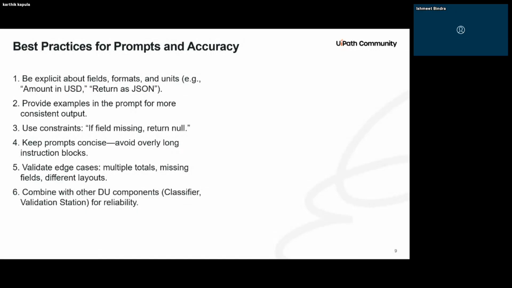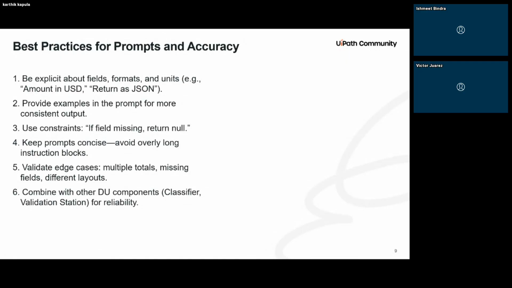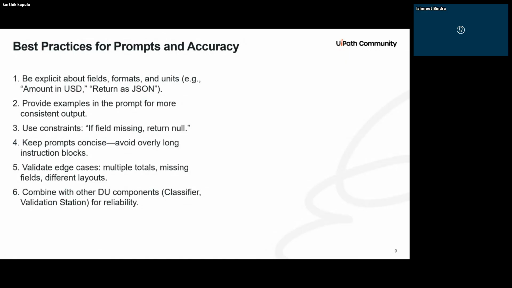All right. So, what are the best practices for creating prompts and ensuring you get appropriately accurate data? You have to be very specific in terms of what you're trying to extract. Today I showed you that we can define where a particular field starts, or even if we don't define it, it is capable enough of extracting the data.